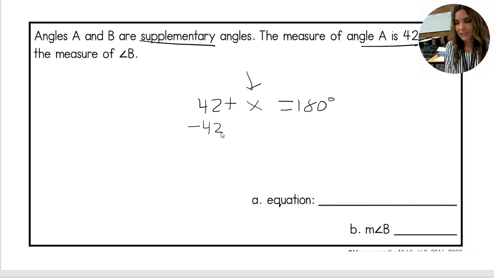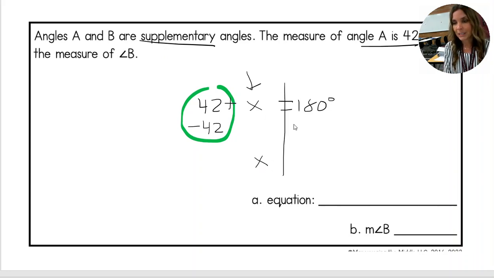So I need to cancel this out. I need to use a zero pair, right? These two make a 0, which leaves me with just an x on the left side of my equation. And then I'm going to minus 42 on the other side. So x is equal to 180 minus 42, which is 138. So measure of angle B is 138.